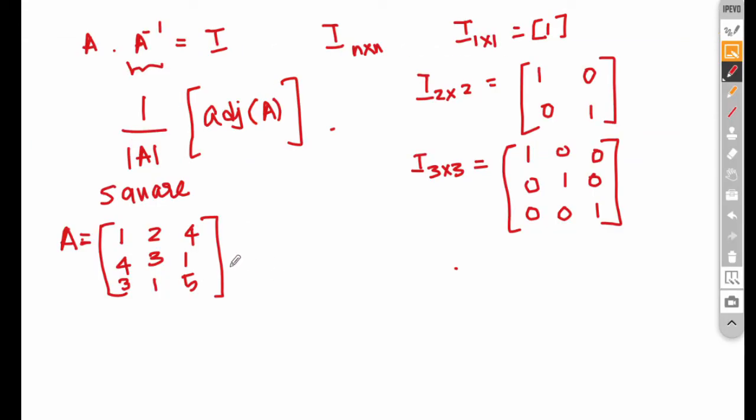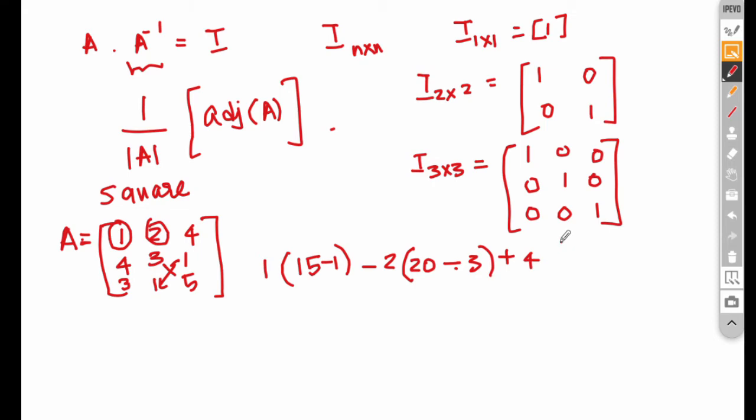The way the determinant is calculated is to take the first element and multiply it by the determinant of the remaining elements. So 1 times (15 minus 1 times 2), minus 2 times (4 times 5, which is 20, minus 3 times 1, which is 3), plus 4 times (4 times 1, that is 4, minus 3 times 3).